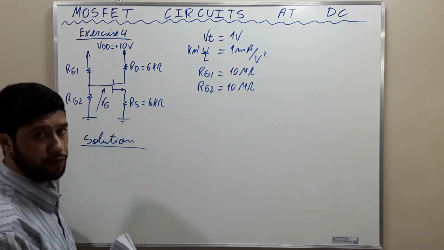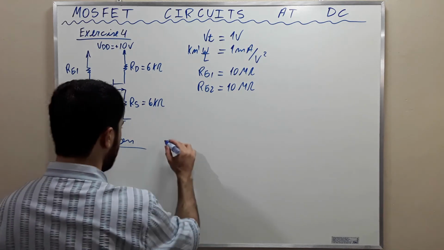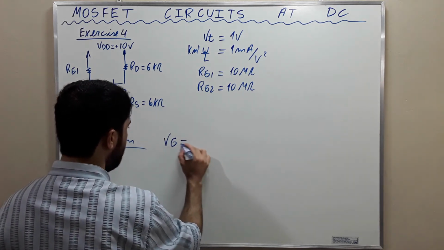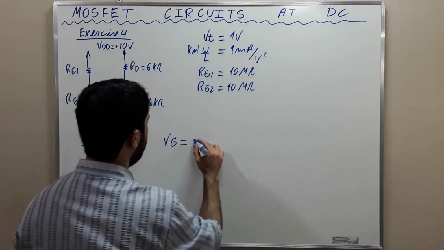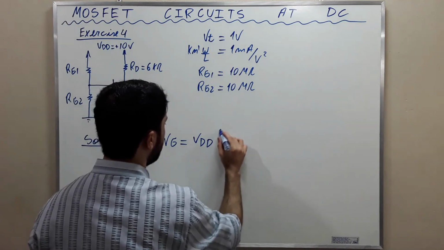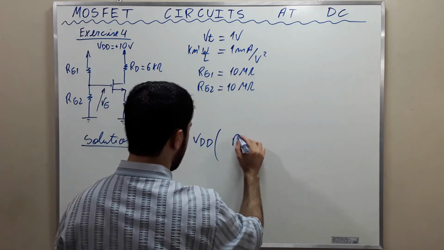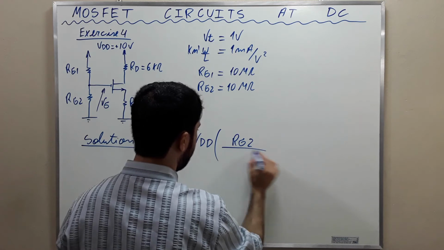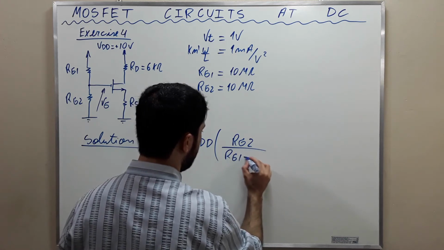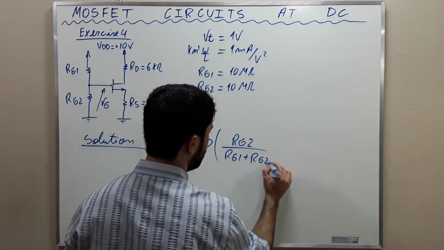And then the voltage divider is going to be Vg is equal to VDD Rg2 divided by Rg1 plus Rg2, okay?